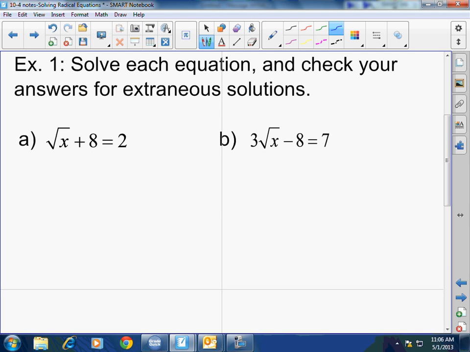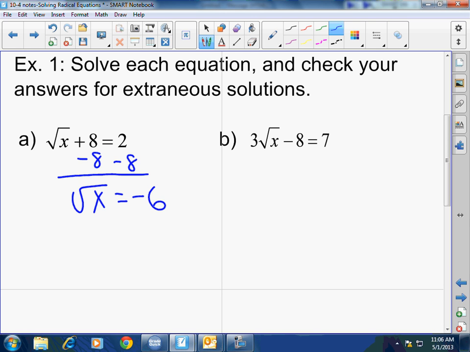Did I have any distributive property? No. Did I have any exponents? No. Is anything being multiplied to the x? Is anything being added or subtracted to the x? We undo addition and subtraction first. Square root of x equals -6.